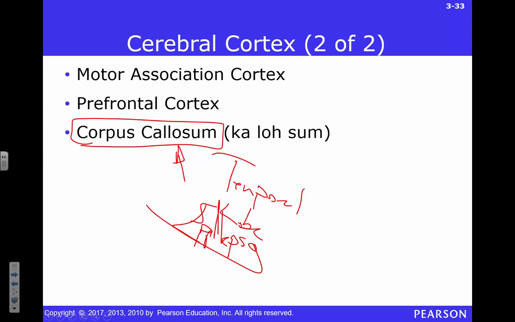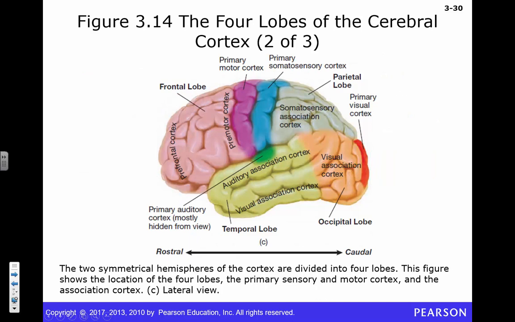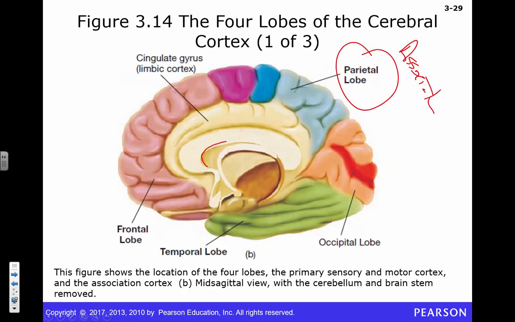When you have seizures, these are very detrimental to your health. Sometimes they'll go in and they'll cut this big fiber bundle here that connects your left and your right hemisphere. That way when a seizure starts in one hemisphere, it won't go over to the other side, right? So it won't go over and start problems on the other side.